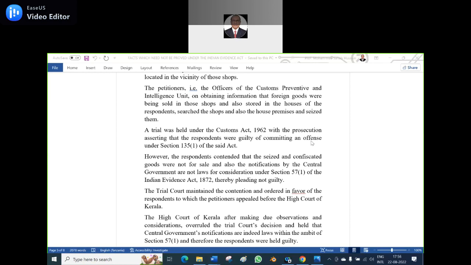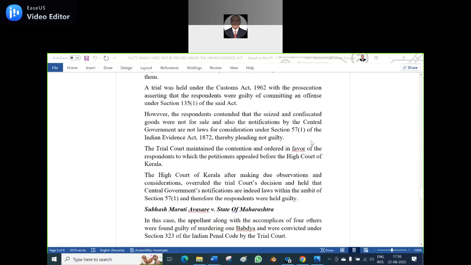So what happened? The trial court maintained the contention and ordered in favor of the respondents, to which the petitioner appealed before the High Court of Kerala. The High Court of Kerala, after making due observations and consideration, overruled the trial court's decision and held that central government notifications are indeed laws within the ambit of Section 57 clause 1, and therefore the respondents were held guilty.